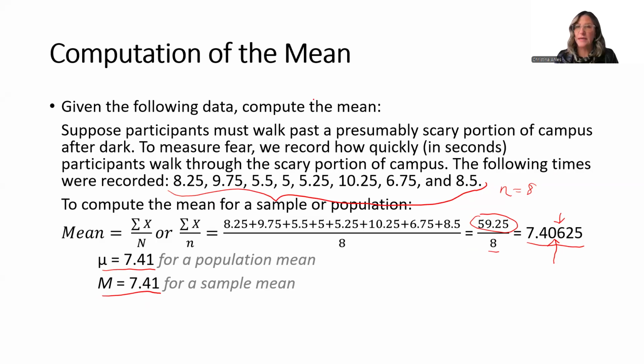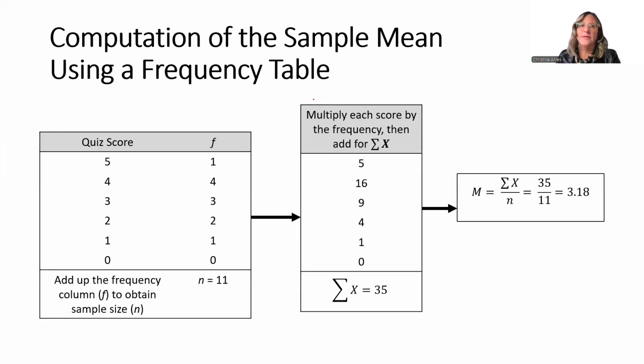We're going to look at the mean in a different way, though. Let's look at the mean as if we were presented with a frequency distribution table, which is a little different. Here are our possible scores. You could score 5, 4, 3, 2, 1, or 0.